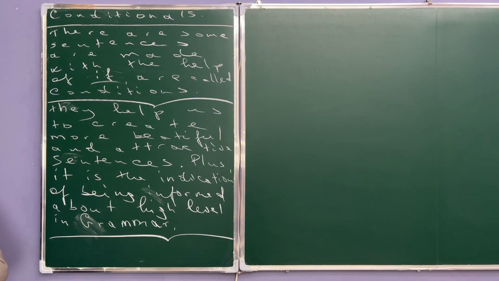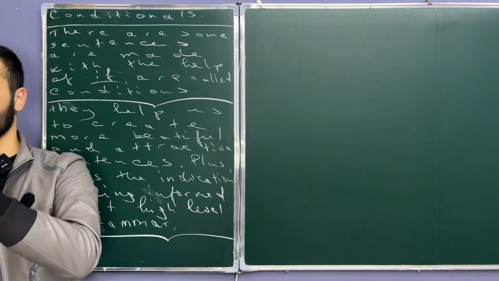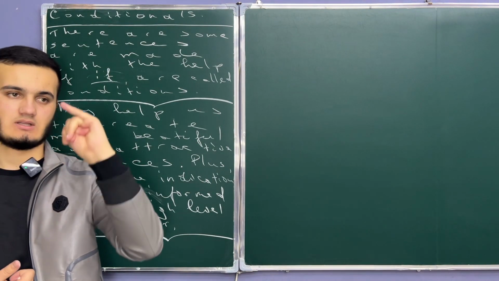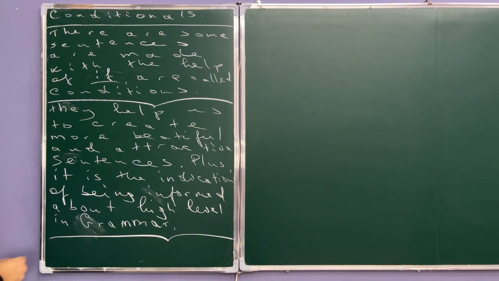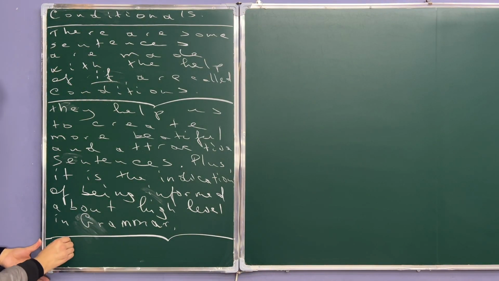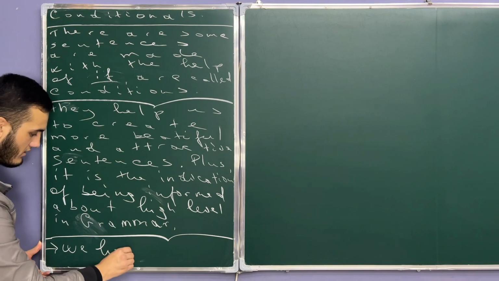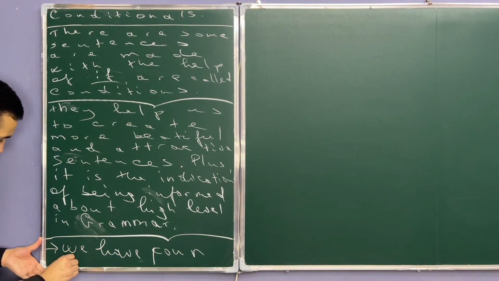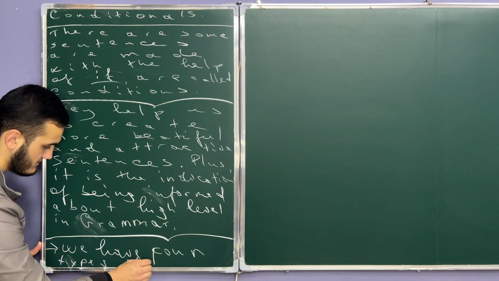So, as I said above, we have 4 types of conditionals: zero conditional, first conditional, second conditional, and third conditional, my friends.